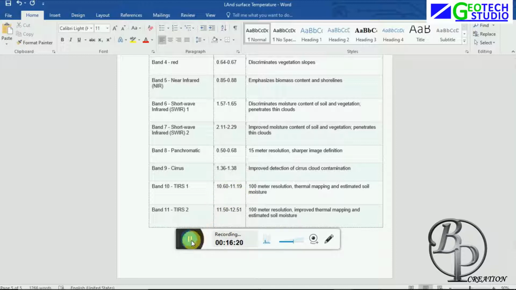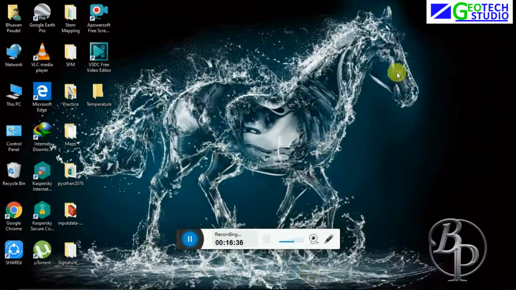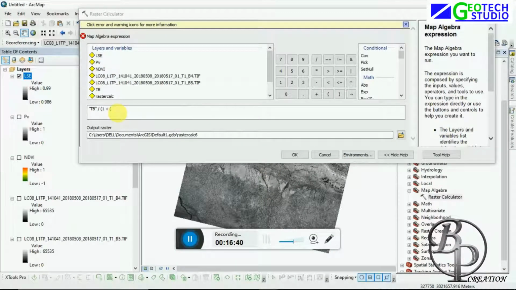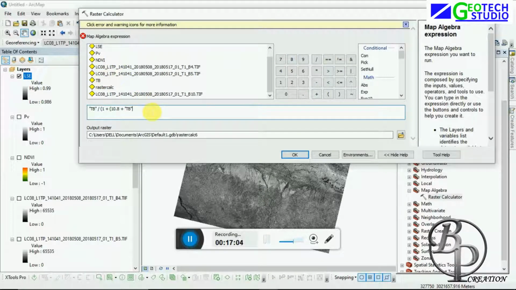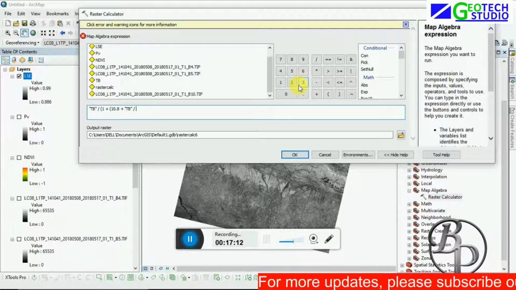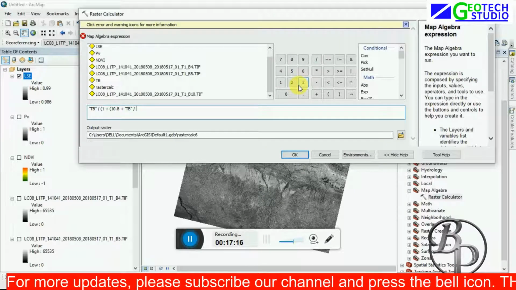To calculate our land surface temperature mapping, that wavelength constant 10.8 is the average value I have taken, and plus BT, that is our top of atmosphere brightness temperature raster output, divided by our another constant C2.